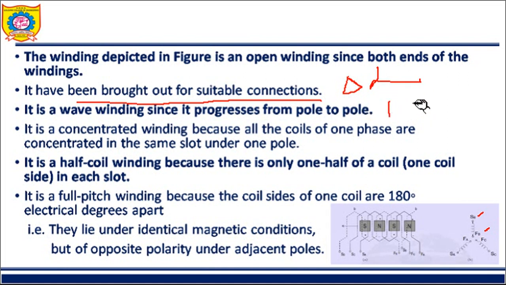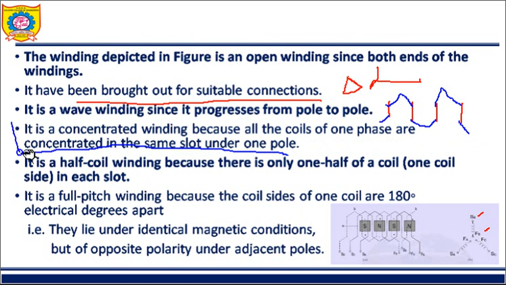One conductor is under this pole, another conductor is under the next pole, another conductor again in the next pole. So we are going to connect it likewise. This is called a wave type of winding. This is a concentrated winding because all the coils of one phase are concentrated under the same pole.